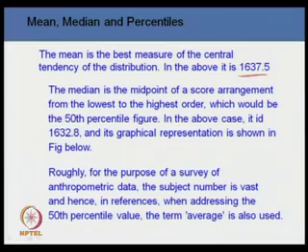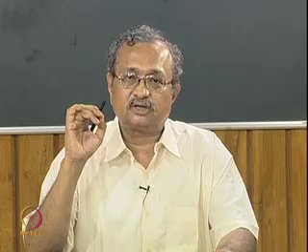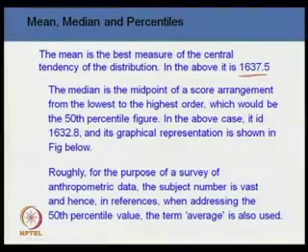This may be due to non appropriate sample size. So, wherever this possibility is there, it would be better to take the 50th percentile value for this. The median is the midpoint of a score arrangement from the lowest to the highest order, which would be the 50th percentile figure.